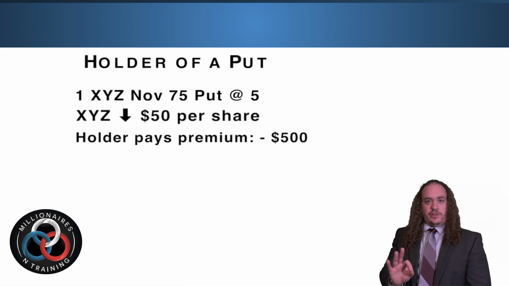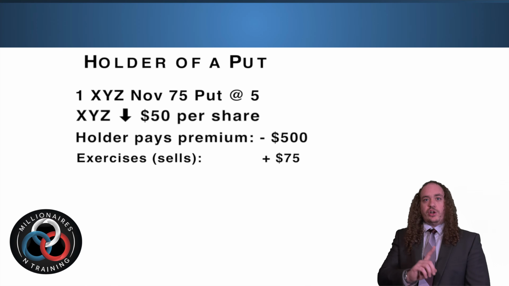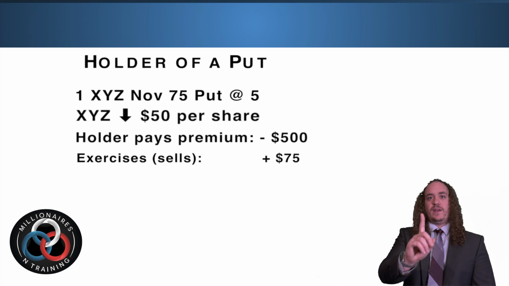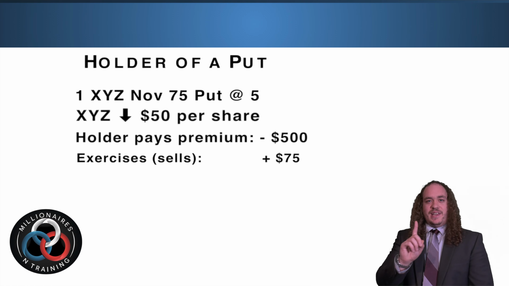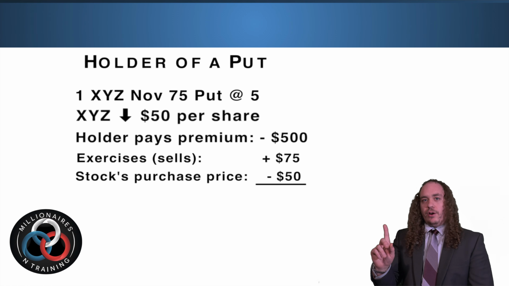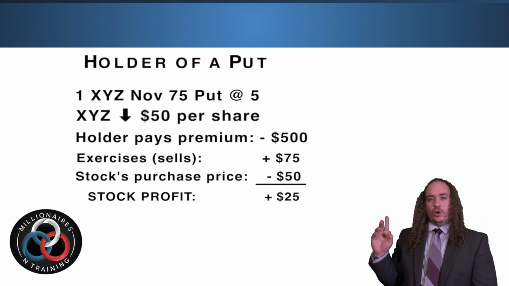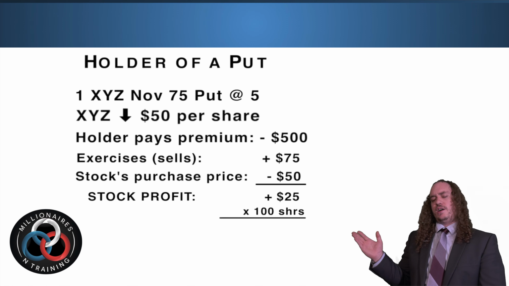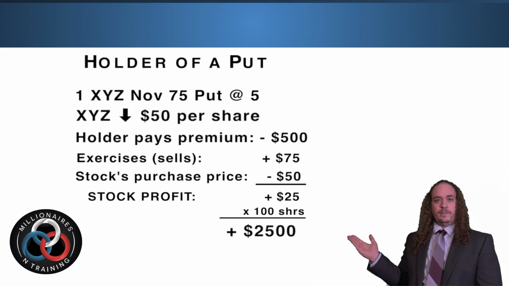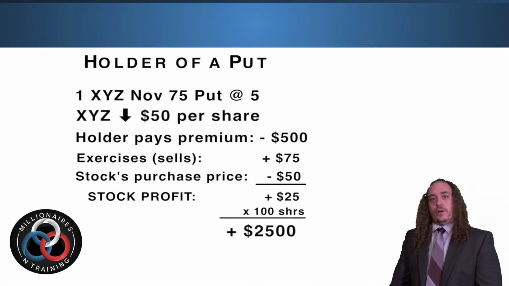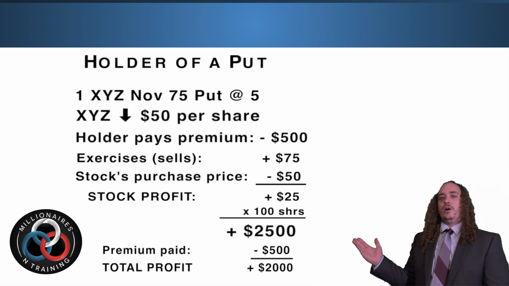When the person exercises this contract, they will sell the stock at $75, knowing that they can buy the stock back in the market at $50. Do you see a gain? Yes, $25 per share times 100 shares for a total gain on the stock transaction of $2,500. Less the $500 premium paid on the option, this leaves the holder with a net gain of $2,000.